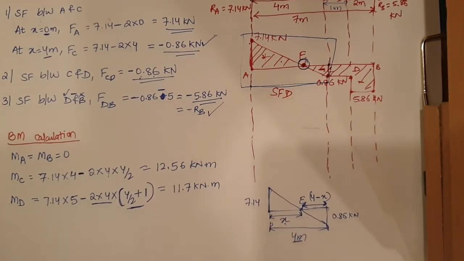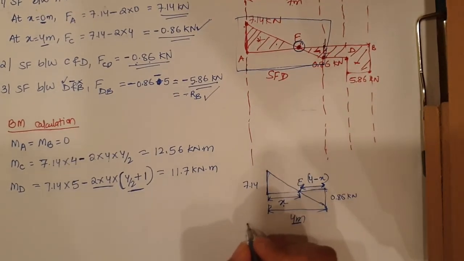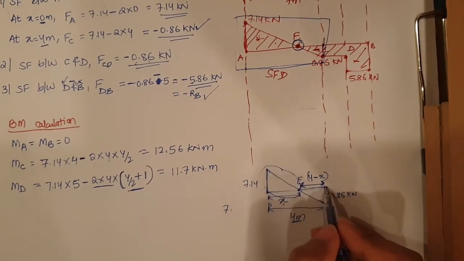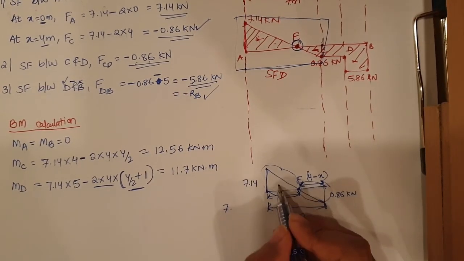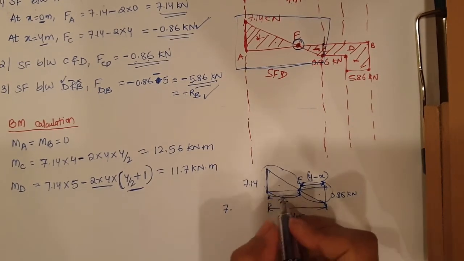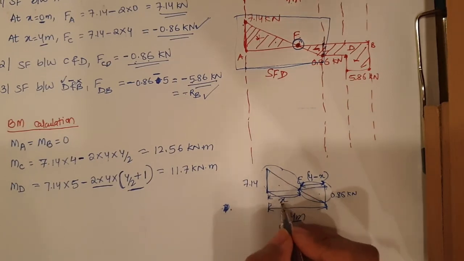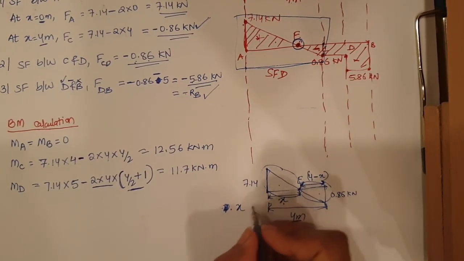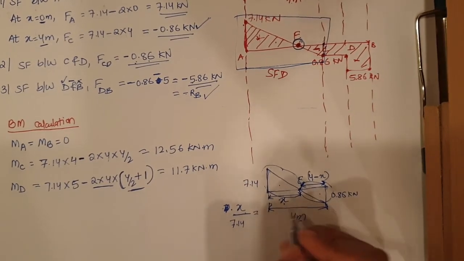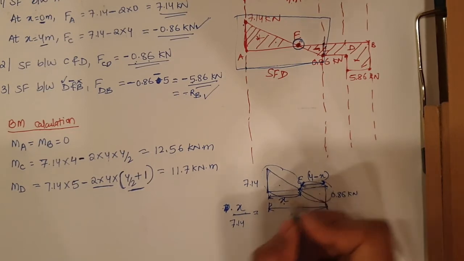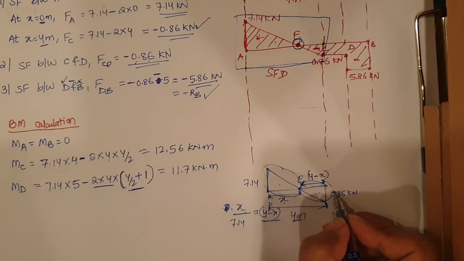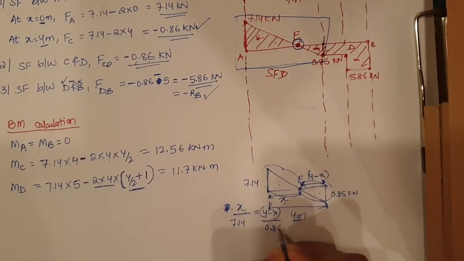Now by similar triangle method. How will we do the similar triangle method? This is the bigger triangle and this is the smaller triangle. So, bigger triangle equals smaller triangle, what will we get? The bigger triangle's distance, which is x, divided by its height 7.14 will be equal to the distance of the smaller triangle, which is 4 minus x, divided by the height of this smaller triangle 0.86.